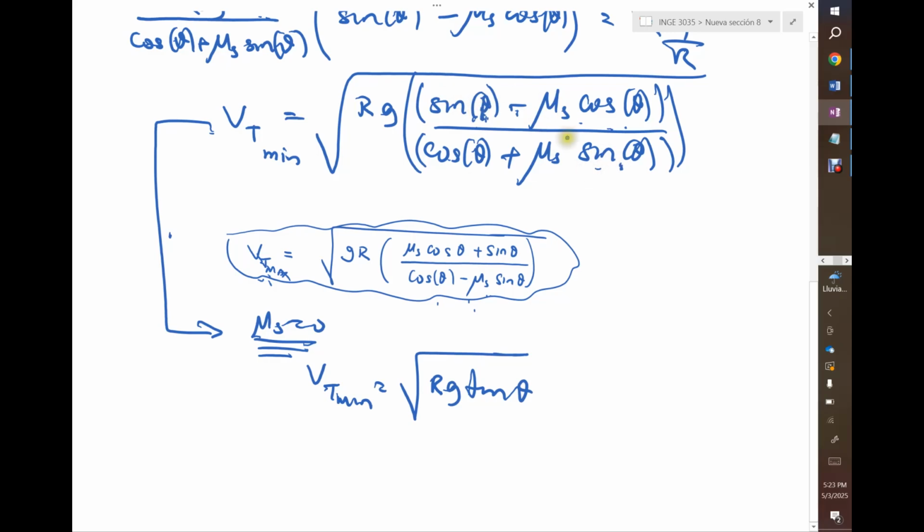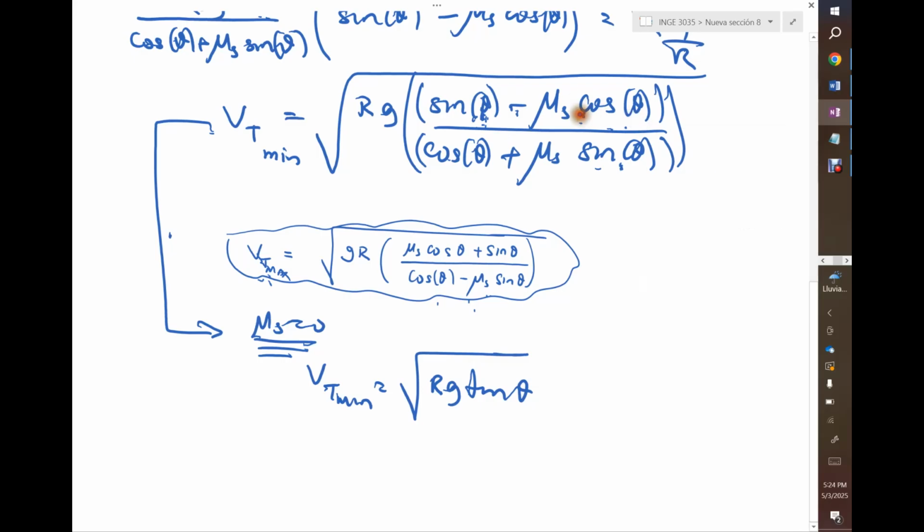But somehow we end up with a result that is not valid, because it's going to be a negative here, the square root of a negative value. So when theta equals 0, this analysis is no longer valid the way I see it. Let's see. Theta equals 0.